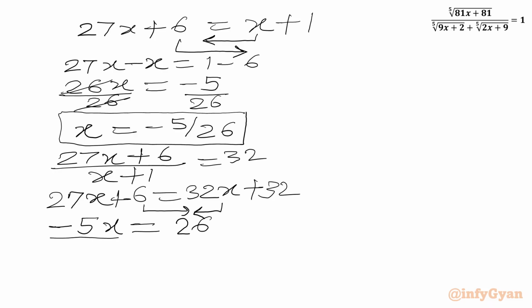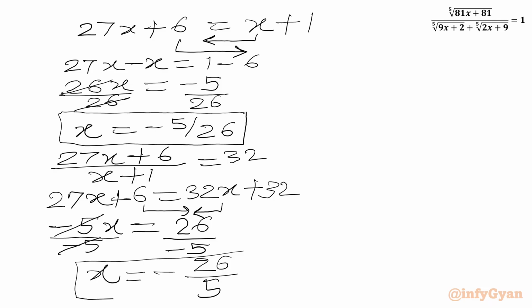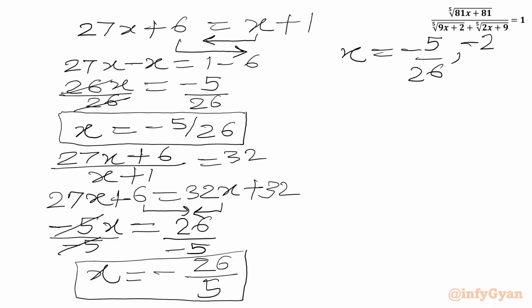Now we have to divide by minus 5 on both sides to get our second real solution. So I will write here x equal to minus 26 over 5. So we have in total two real solutions: x equal to minus 5 over 26, x equal to minus 26 over 5.